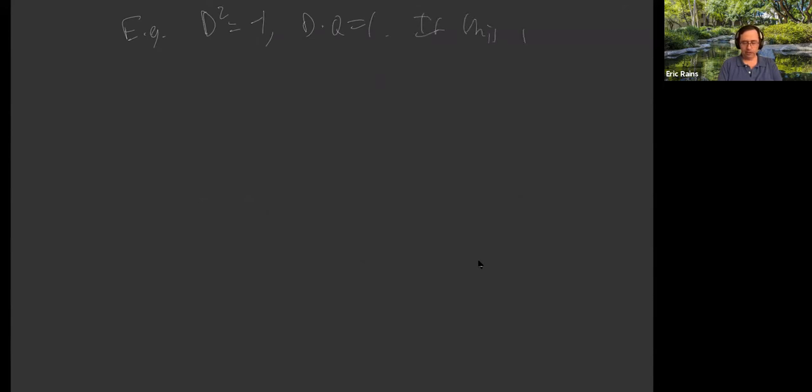If this is a -1 curve, then there exists a blowdown structure, by the same algorithm basically, such that D is equal to E_m.